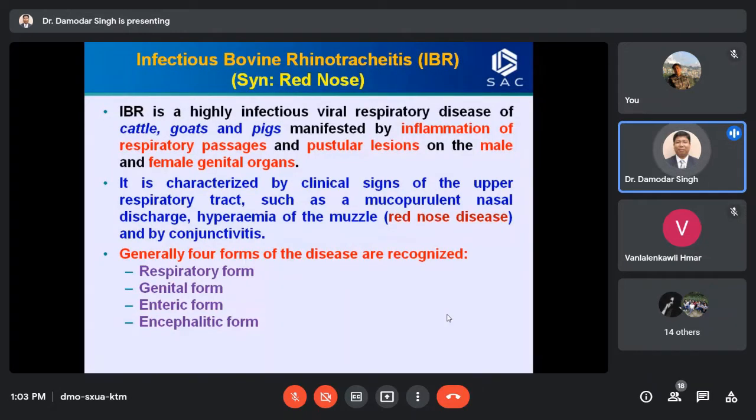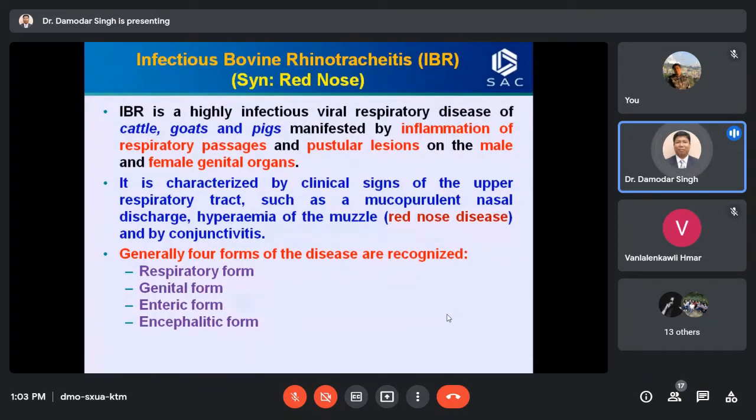In addition, it affects the genital organs of the animal, where pustular lesions, vesicular lesions filled with pus, are very typical in the genital organs.